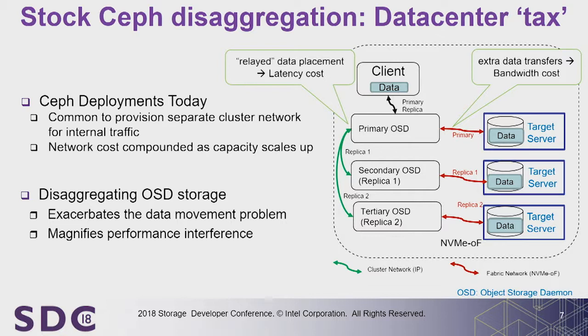The data has really no purpose staying in the primary OSD because it's not eventually going to reside there. So this is what we refer to as the data center tax, and it's also the focus of our research work, how to reduce it. For the proposed approach, I'm going to have my colleague Arun talk more and walk through the architecture details and how we achieve the TCO benefit for Ceph on disaggregation.